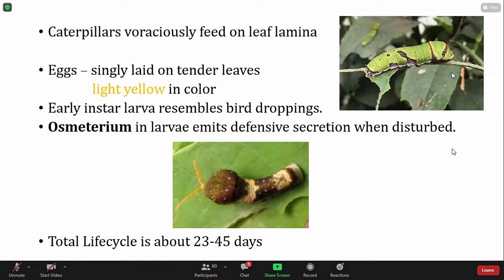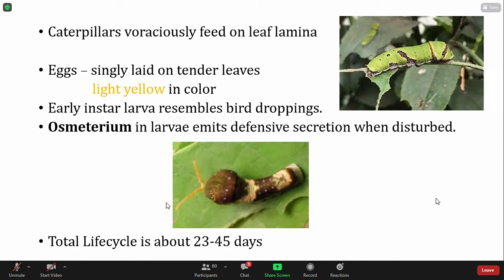You can observe this type of damage in the citrus family. The eggs are laid singly on the tender leaves. They are light yellow in color. The early instar larva resembles bird droppings. This is the early instar of larva and it looks like bird droppings, right?